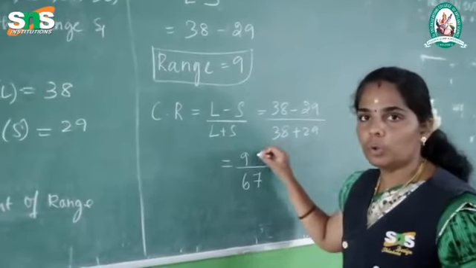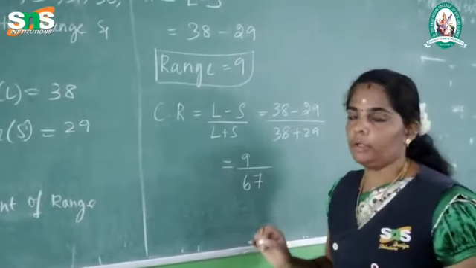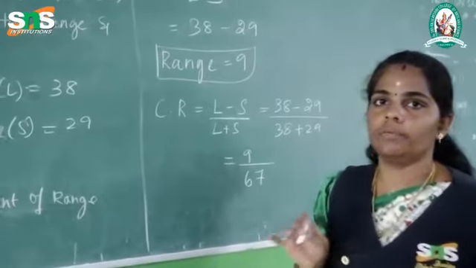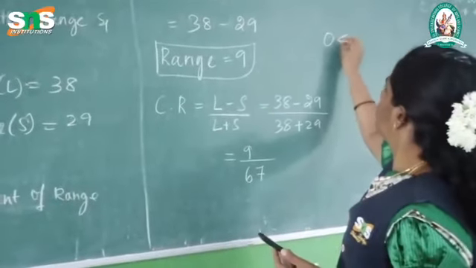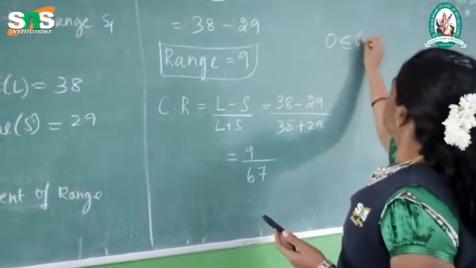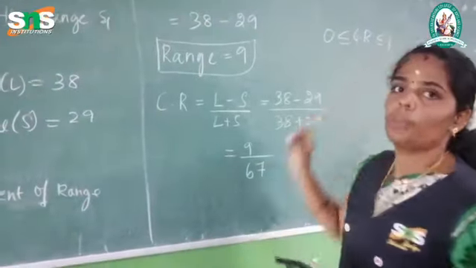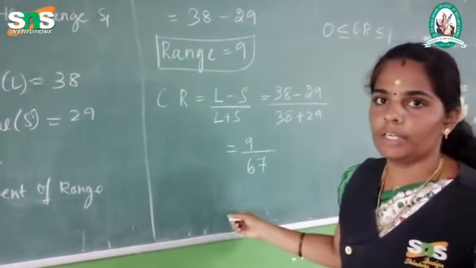We have to divide those values to get the decimal value. We know that the coefficient of range lies between 0 and 1. So my answer should be in decimal format.